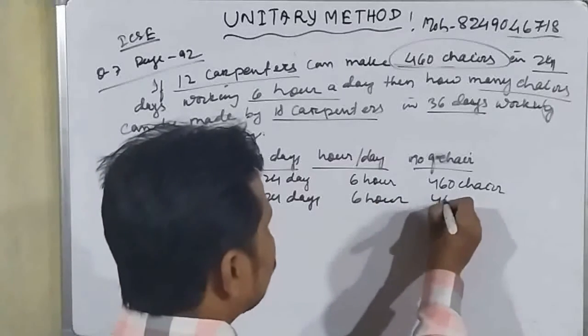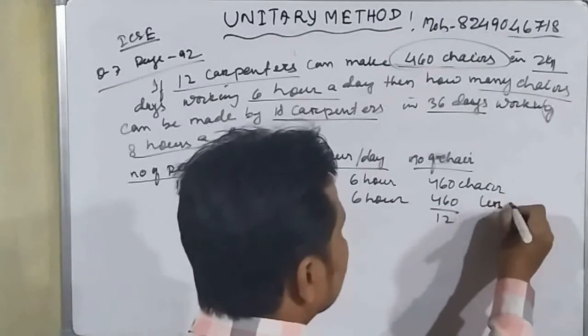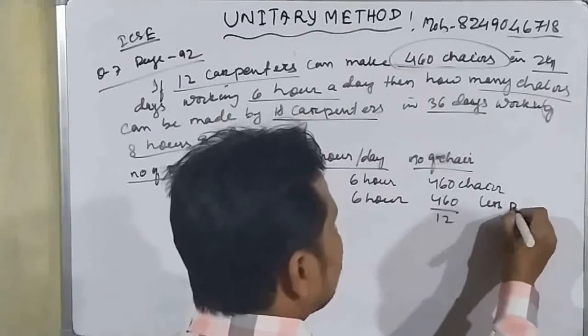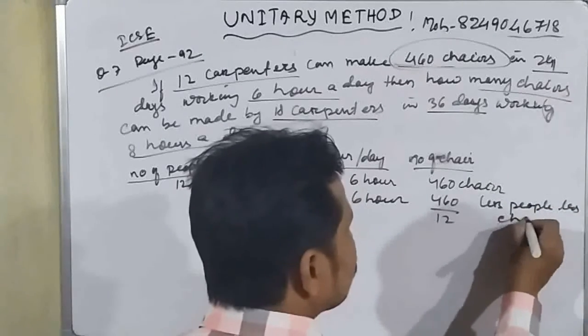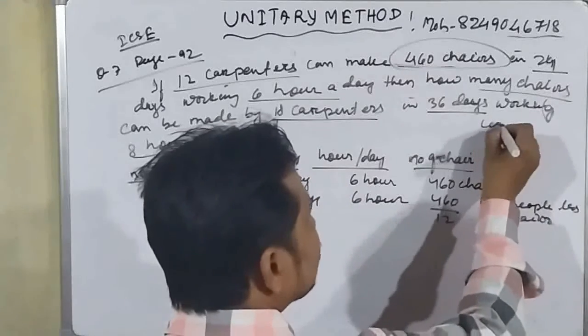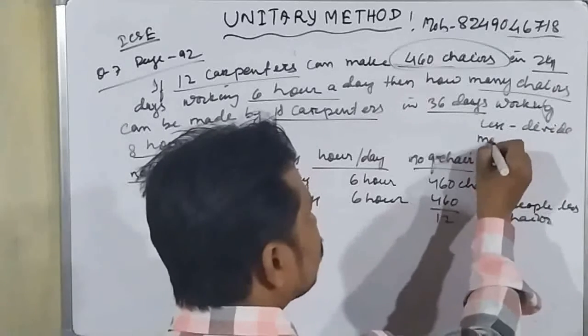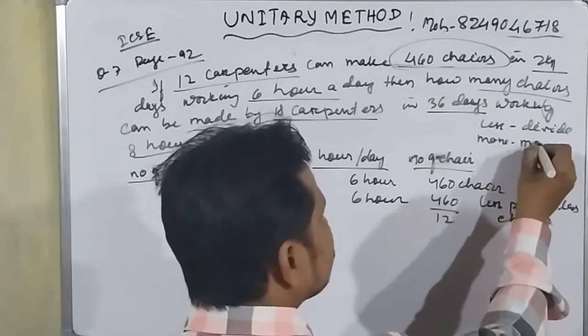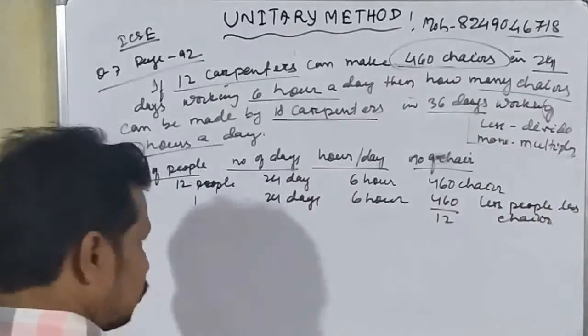How many? 460 divided by 12. Because less people, less chairs. Okay. And our formula: less divide and more multiply. Okay, student?